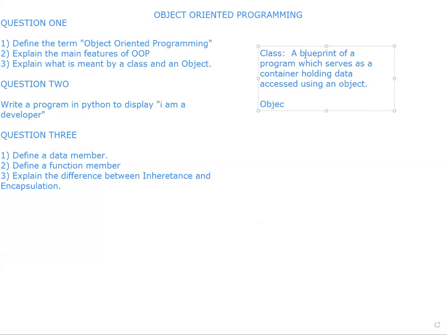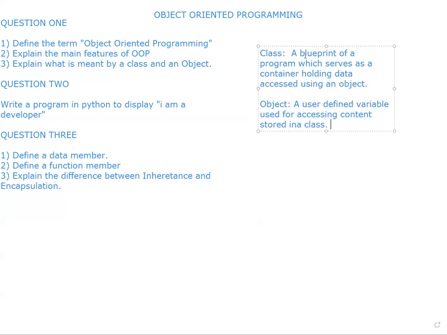So a class is a blueprint of a program which serves as a container holding data accessed using an object. What this simply means is this.